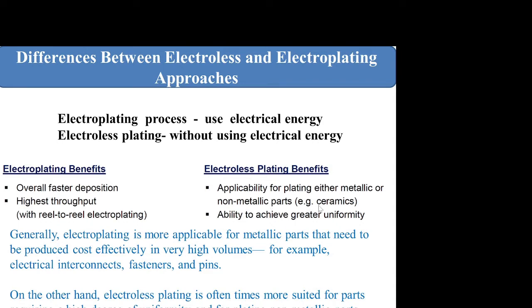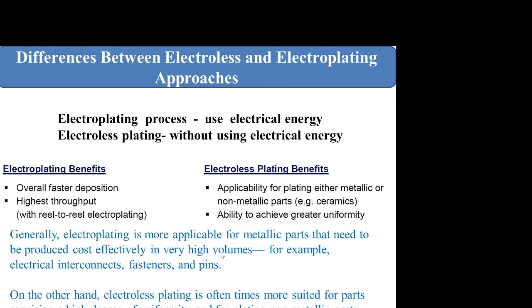For example, ceramic or plastic parts can be coated with the metals. Ability to achieve uniform coating: here the coating is better and uniform, whereas electroplating is not much uniform.